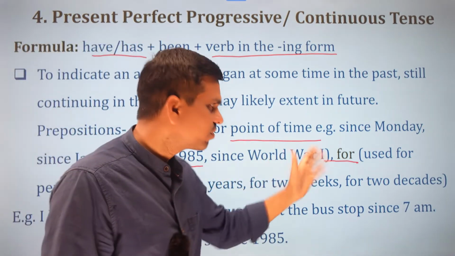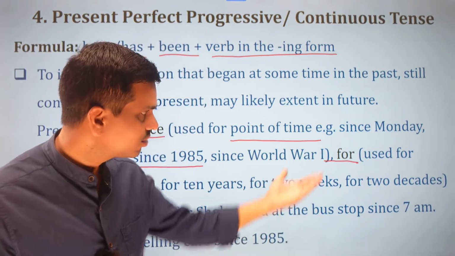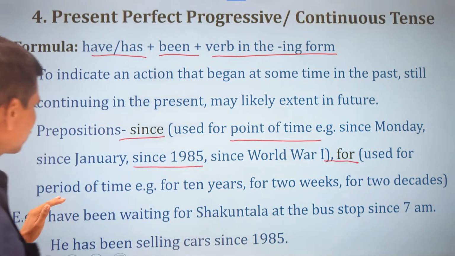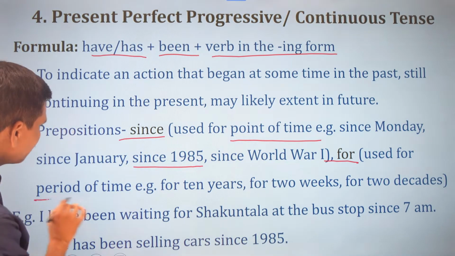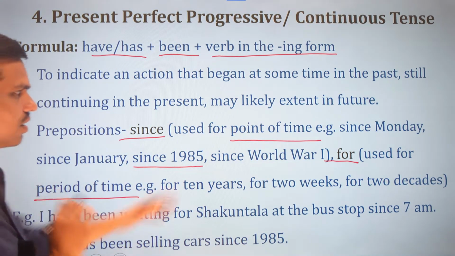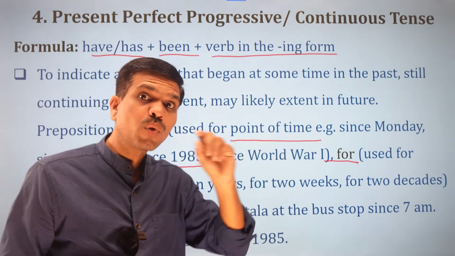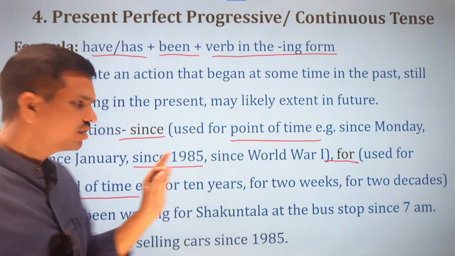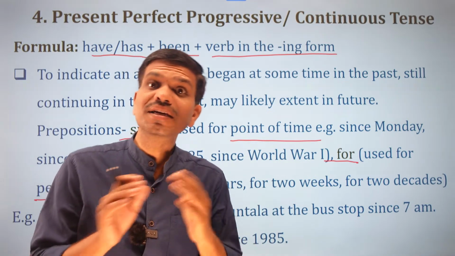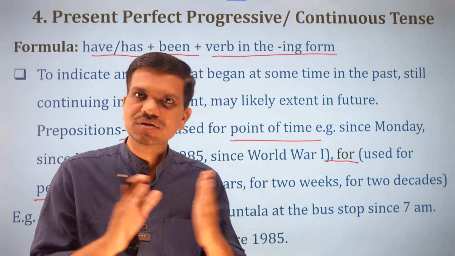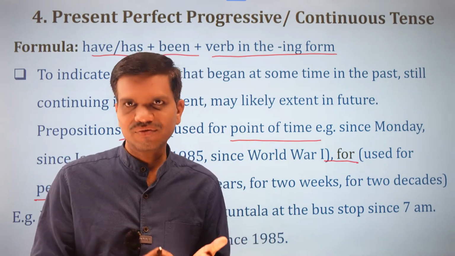Since World War the First. Now for is used to indicate a period of time. This is the difference between since and for.